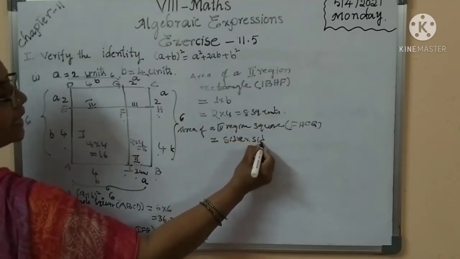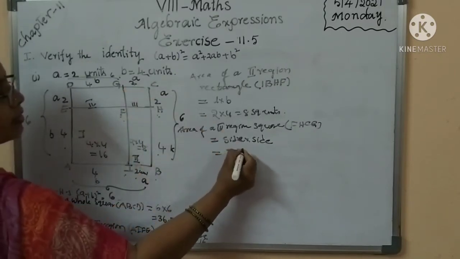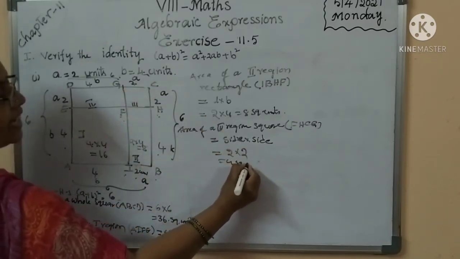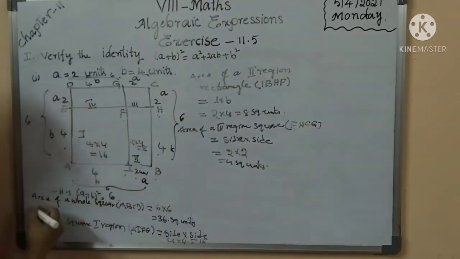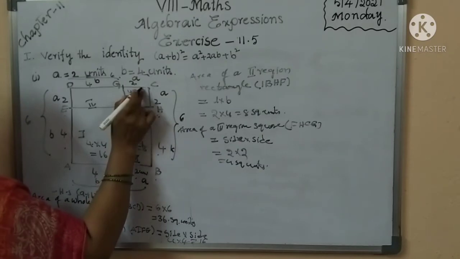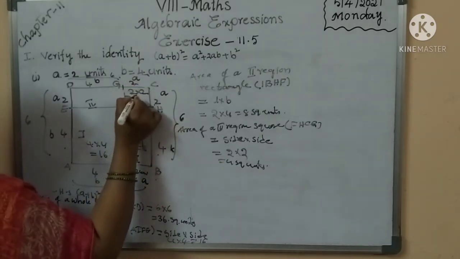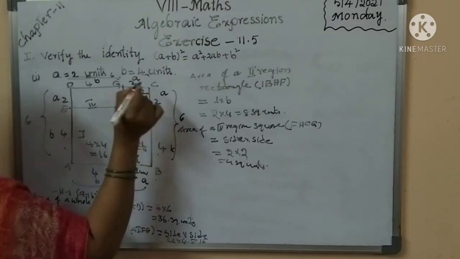Here the side is 2 and the other side is 2, so 2 into 2 equals 4 square units.